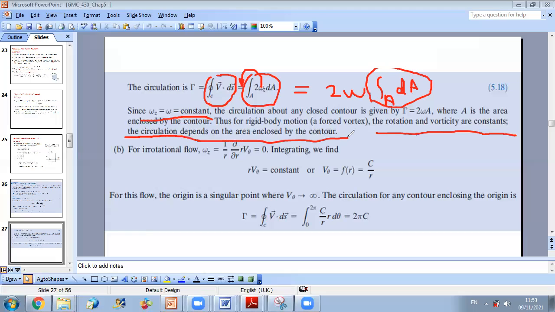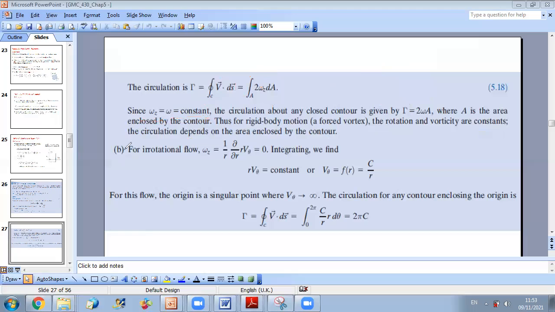Okay. Now, in part B, they asked for which particular case I will have an irrotational flow. So to have an irrotational flow, what was the condition, if you remember? Irrotational means no rotation. If I don't have rotation, this means that omega_z should be 0.